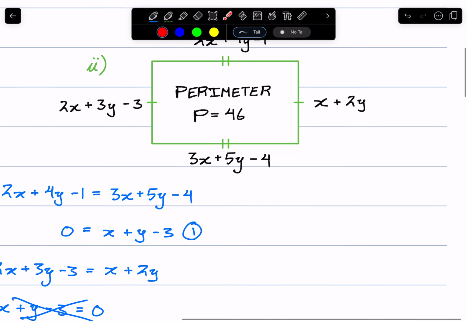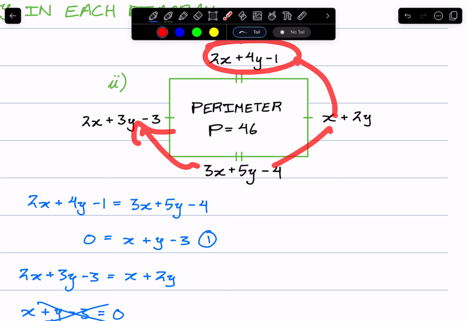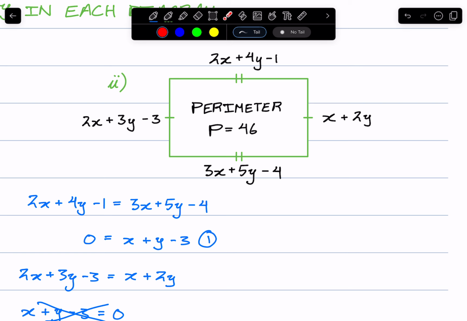To find the perimeter, you can do this in one of two ways. You can add all four sides up and let that equal 46. But another way is to pair these two up and double it, because the perimeter of a rectangle is one side plus another side, and since there are two of the same sides, we can just double this.